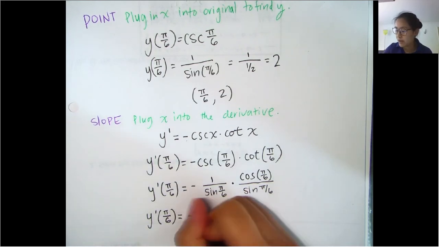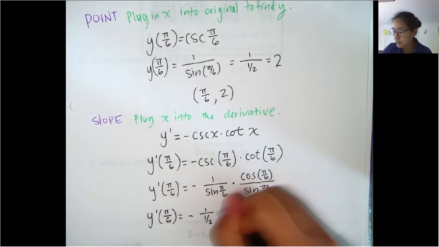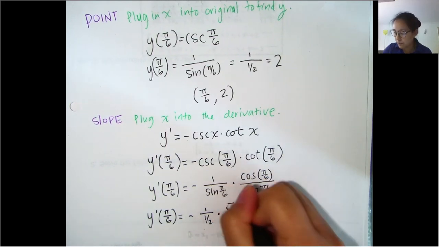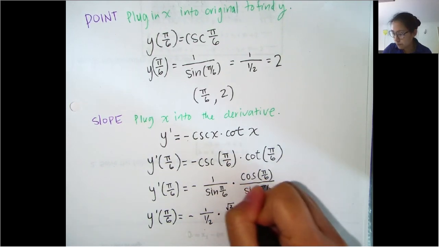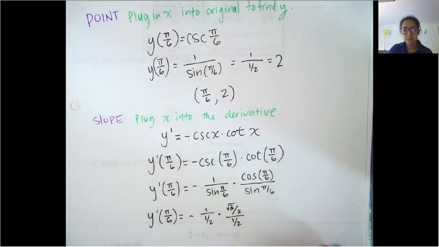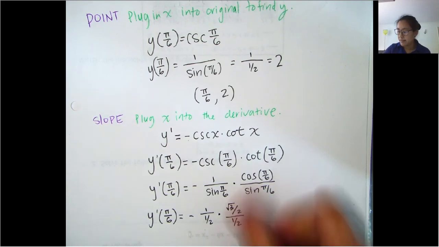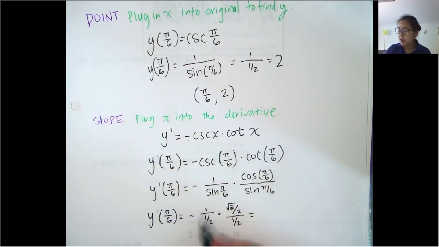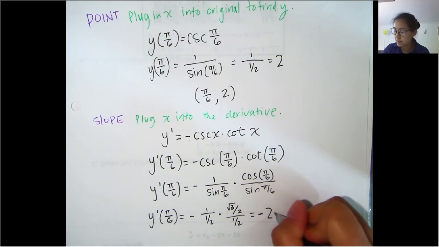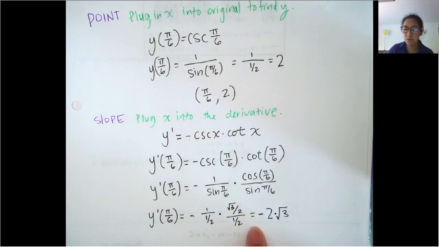And so you have negative 1 over 1/2 times cosine of pi over 6, which is root 3 over 2, and then sine of pi over 6, of course, is 1/2. So this flips over and we get 2, so negative 2 times, and then this one simplifies to root 3. So negative 2 times root 3 is going to be the slope. Okay, this is the slope.